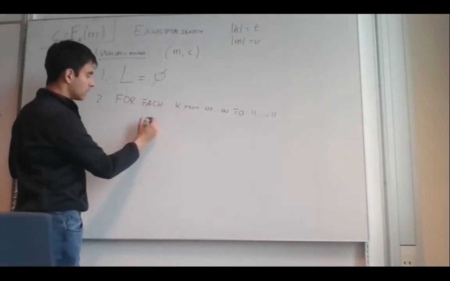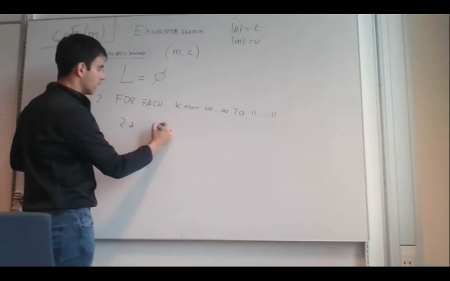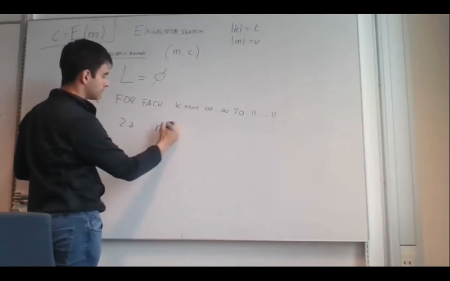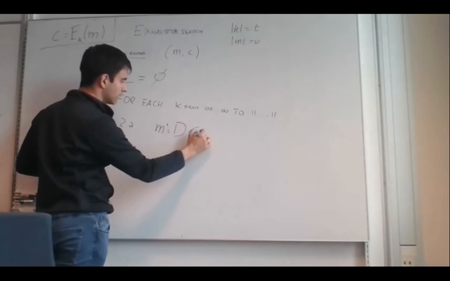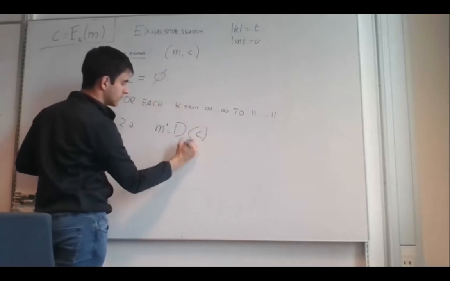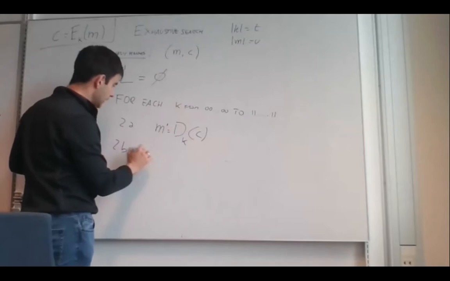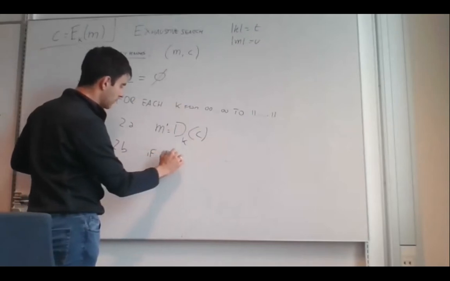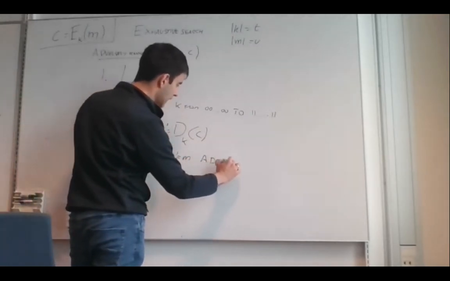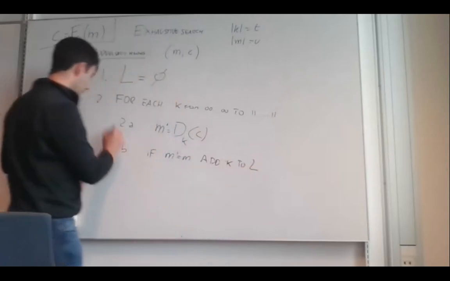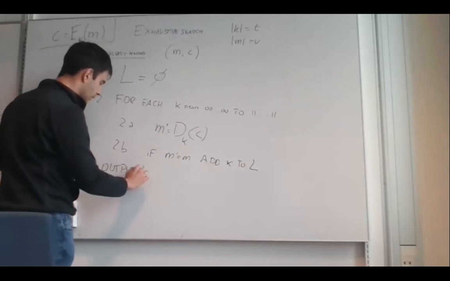Exhaustive search will do, for every possible key, compute some message M prime, which is obtained by decrypting the ciphertext using this key K. And then, if M prime is equal to M, we add the key K to the list N. And then the last step of the algorithm is simply to output the list N.